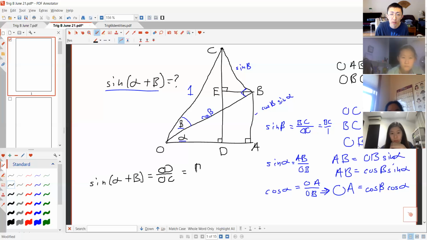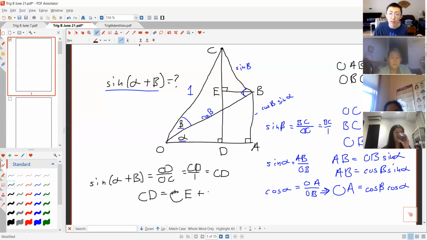So that's just CD. So if we can find the length of CD, then we're done. We can find sine of alpha plus beta. We already know BA, which is DE. Yeah, good. So we can see that CD is the sum of CE plus DE. It's just the sum of those two segments.